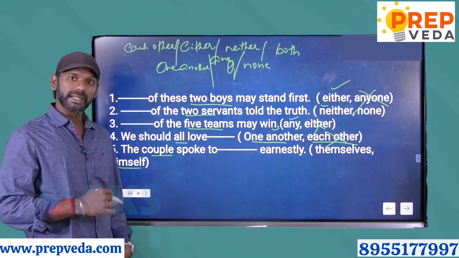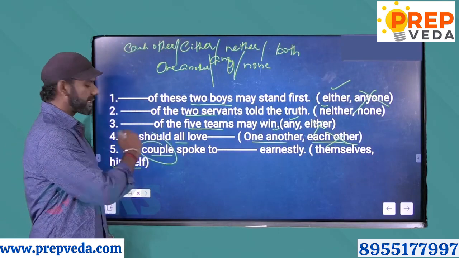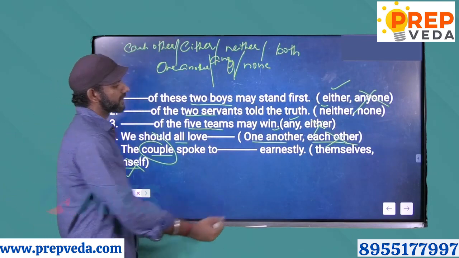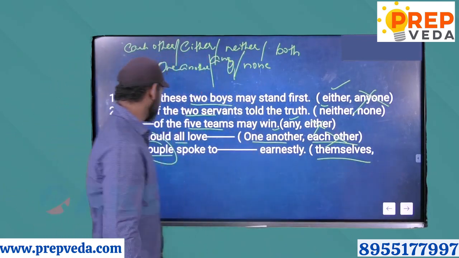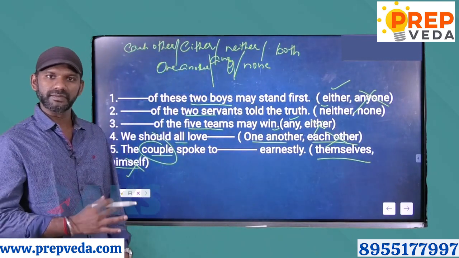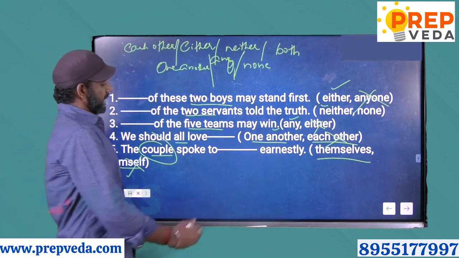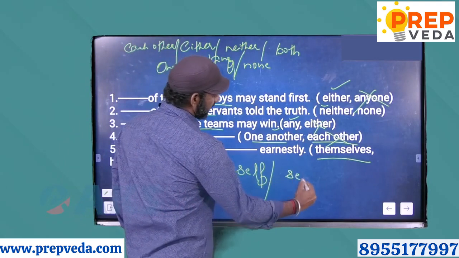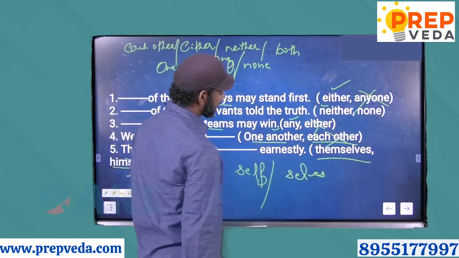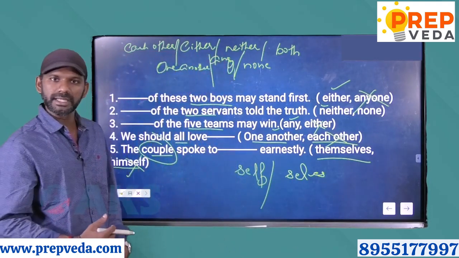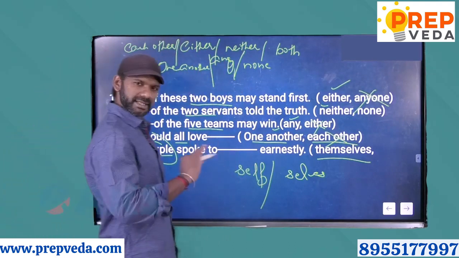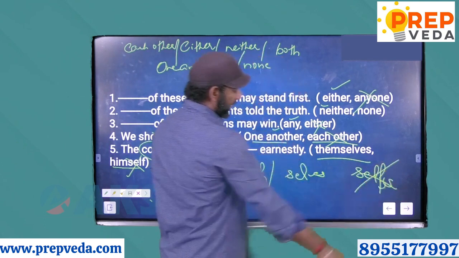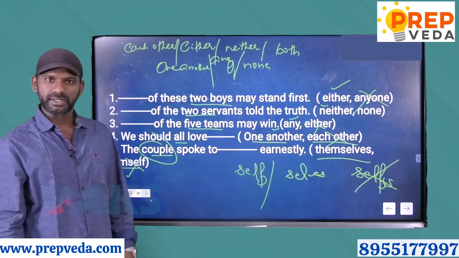Himself is a singular pronoun. The subject of the sentence here is couple. That means two are there, so we cannot use himself, it must be themselves, right? The couple spoke to themselves earnestly, right? Now, self and selves are termed as compound personal pronouns. There is nothing in English like selfs. Selfs is a wrong usage.